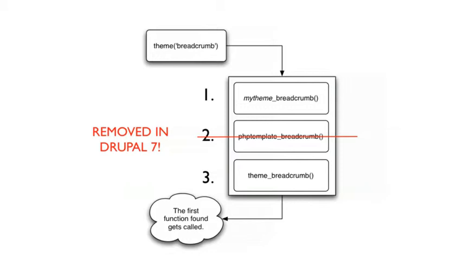If it doesn't find it, it then moves on to the default theme underscore breadcrumb and whatever the output of that is. Previously in Drupal 6 there was also PHP template breadcrumb, but you don't need to worry about that any longer. So theme functions allow your theme to have the last crack at the outputted HTML, and you have complete control over that.